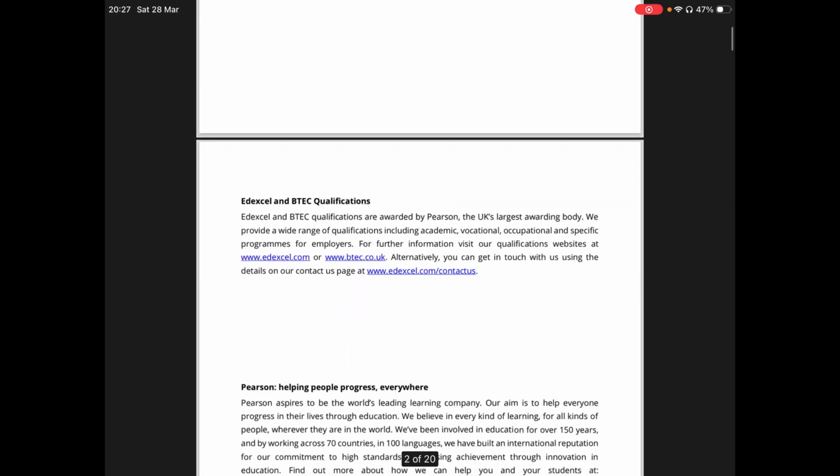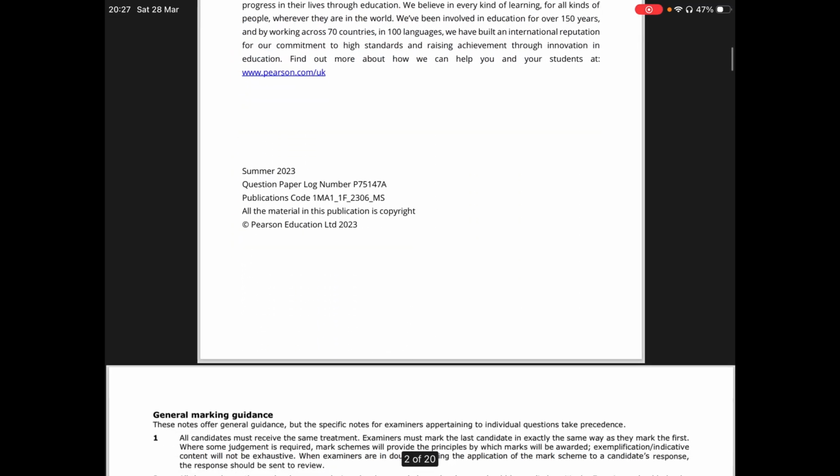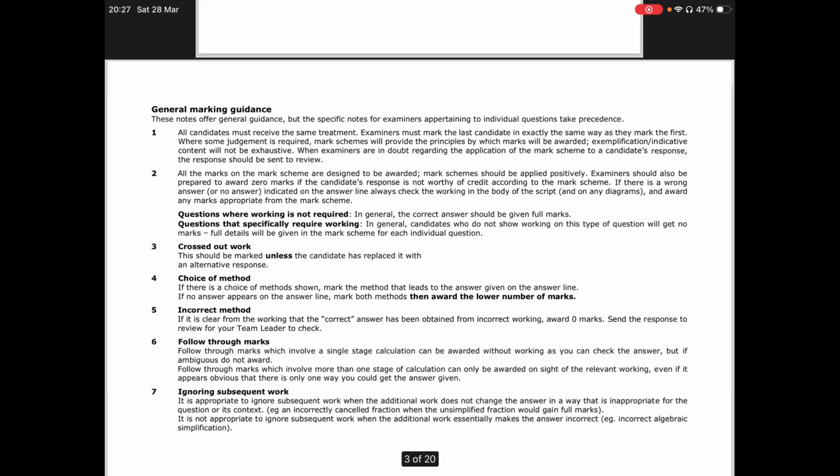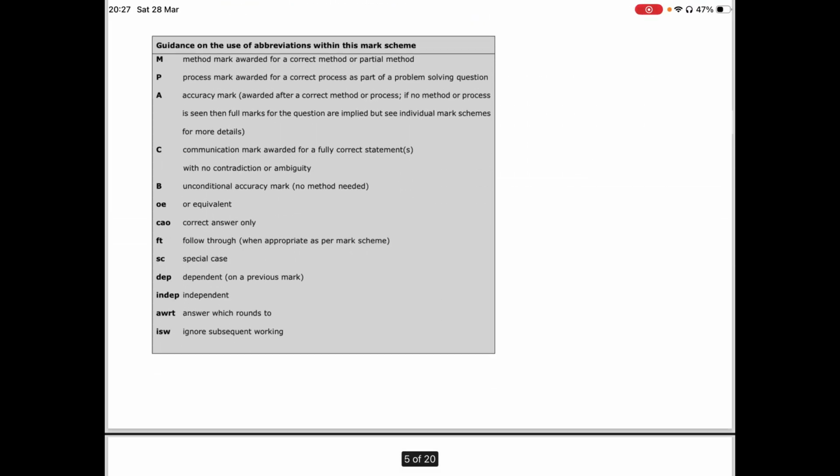Right, here's a mark scheme. So I'll try and pause for a few seconds. I'll try not to talk. I might add bits and bobs if I think that the mark scheme's not clear.